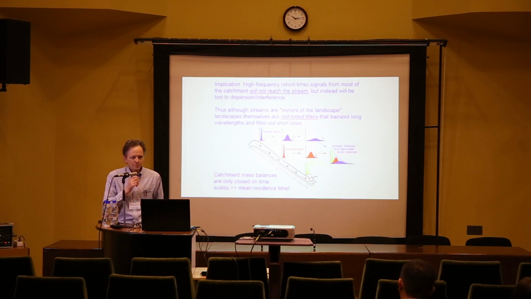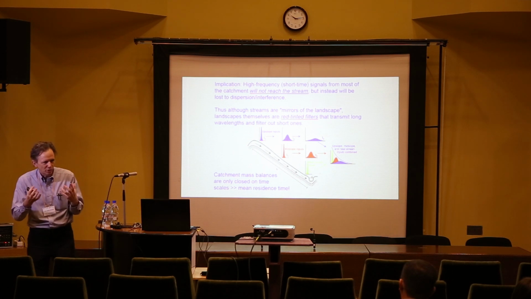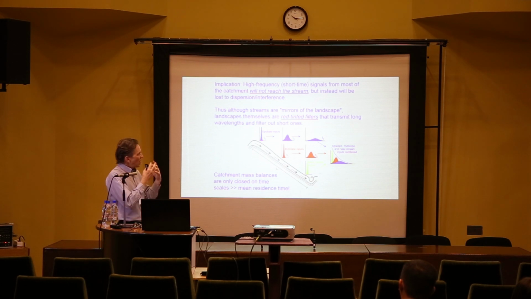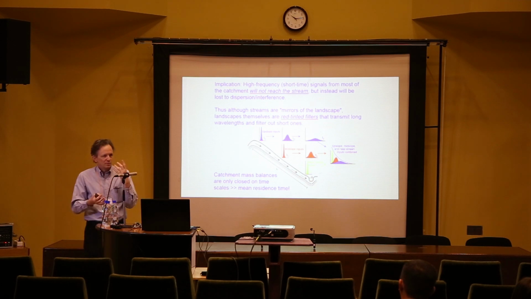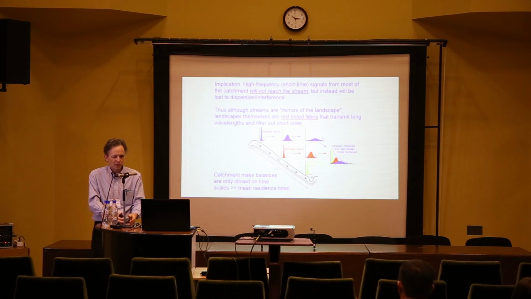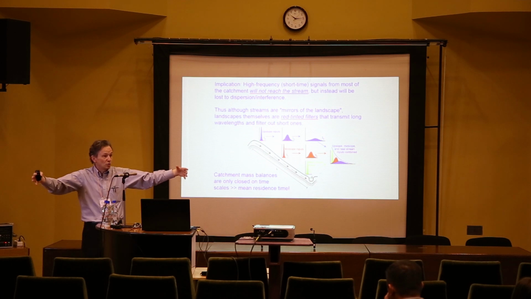Okay. Now, one implication of that simple picture of the landscape is that high-frequency signals that come into that landscape from precipitation, for example, will mostly be erased by dispersion, particularly if they start far away from the stream.